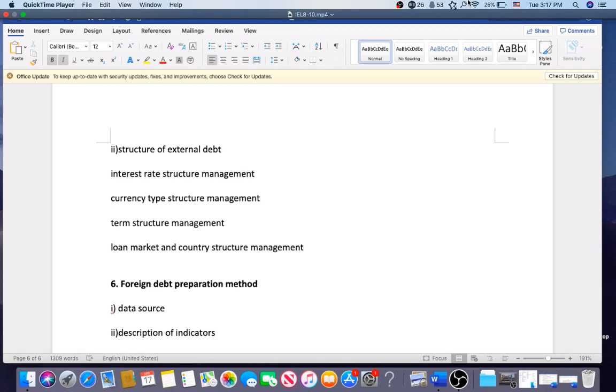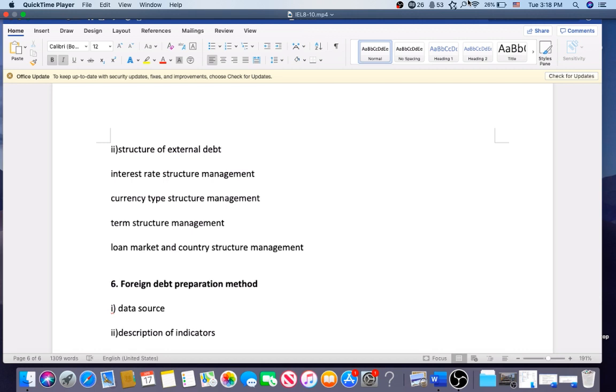Second, according to the market overall interest rate level, to choose the fixed rate or floating rates. Generally, when the interest rate in international financial markets are low, the fixed rate loans can be selected or the proportion of fixed rate debt in the total external debt of country can be increased.